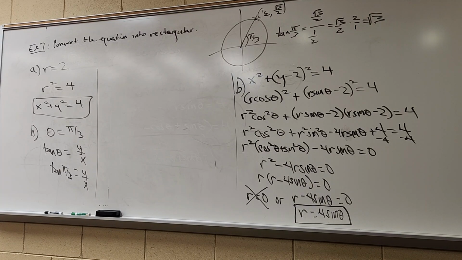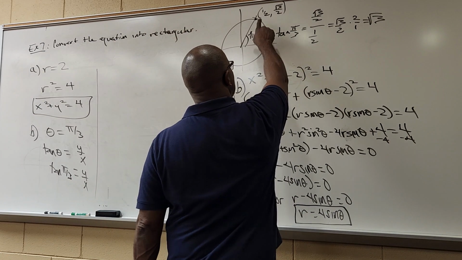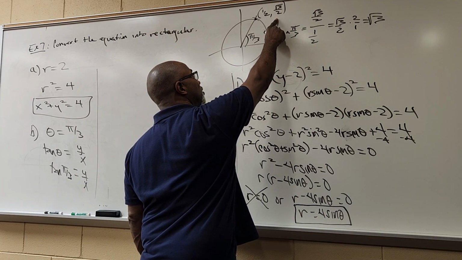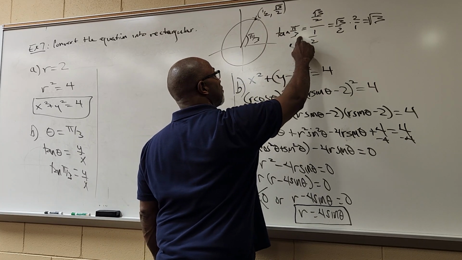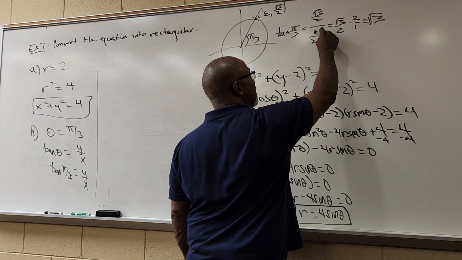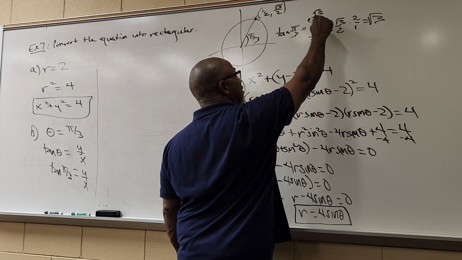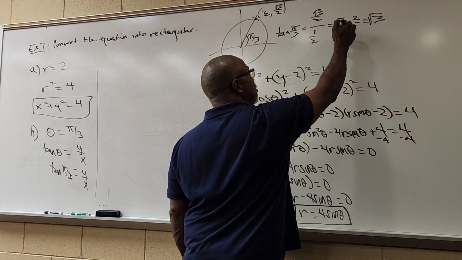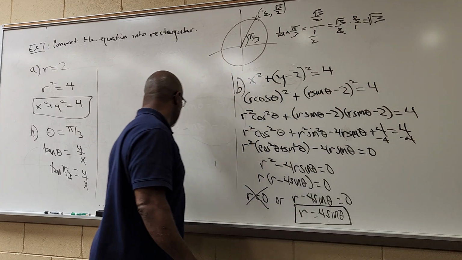All right. So again, pi over 3 radians has coordinates: the x-coordinate is 1/2, the y-coordinate is square root of 3 over 2. Tangent of pi over 3 would be the y-coordinate over the x-coordinate. That means square root of 3 over 2 times 2 over 1, because you keep, change, flip. Keep the fraction on top, change division to multiplication, flip the fraction on the bottom. The 2's cancel out, and you get square root of 3.